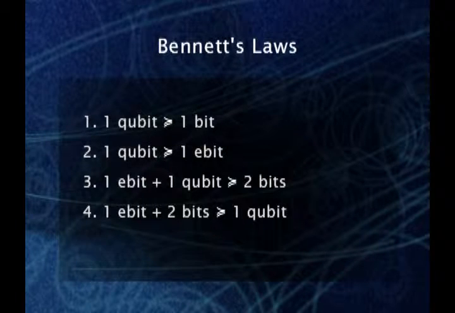Once you have Bennett's laws, you can play lots of interesting games with them. For example, if classical bits cost nothing, and as a practical matter they are a lot cheaper than qubits these days, then qubits and E-bits are worth just the same, because I can always use a qubit to make an E-bit, and with some classical information that's free, I can use an E-bit to send a qubit in quantum teleportation.